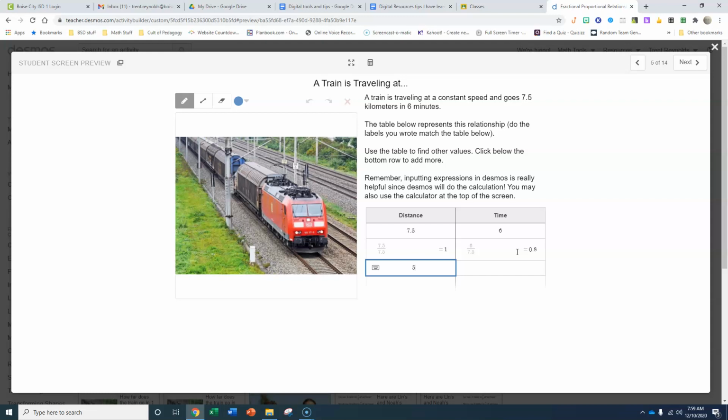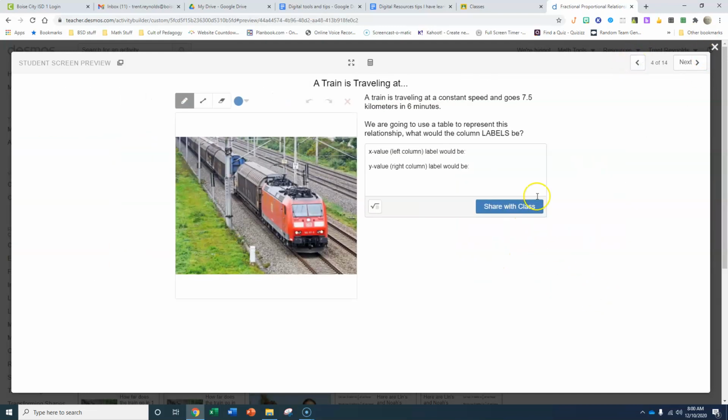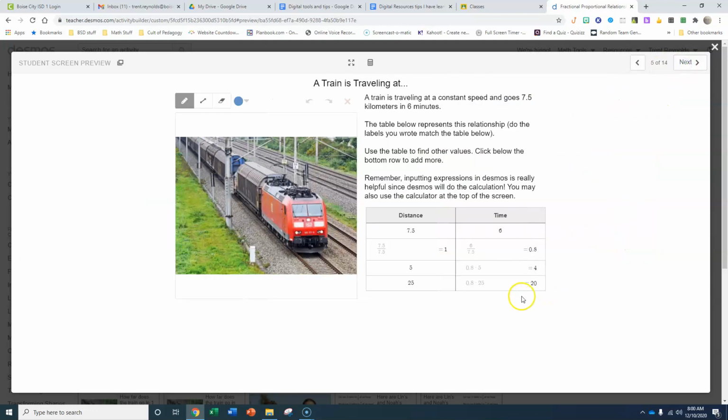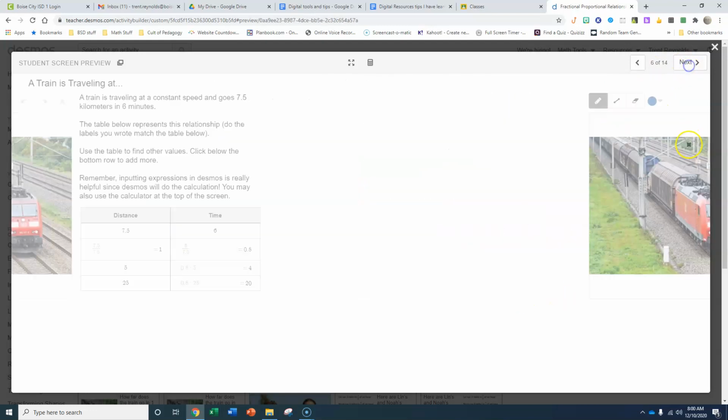So if I wanted 5 here, this would be the constant times 5. That's how I could calculate all these other things. If I wanted to know, let's say the next town was 25 miles away, how long would it take me to get there? Well, I would do 0.8 times 25. Okay? So there we go. Next screen.